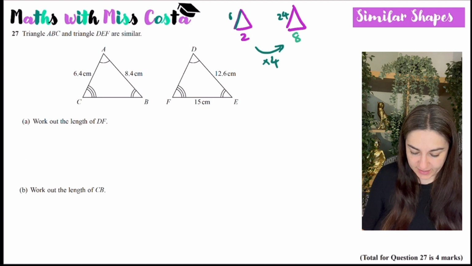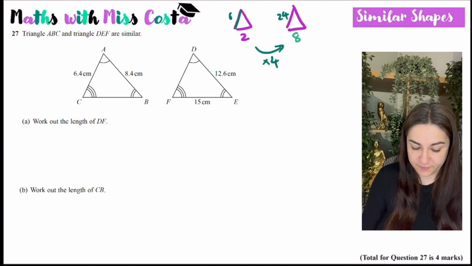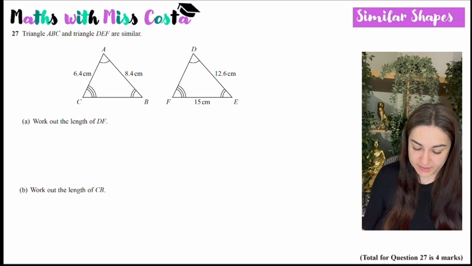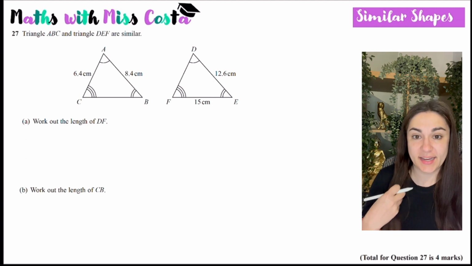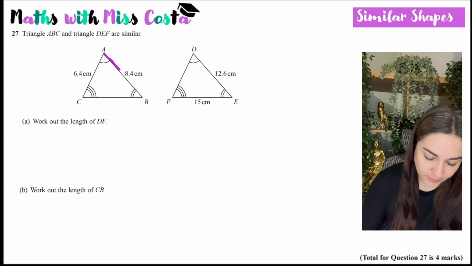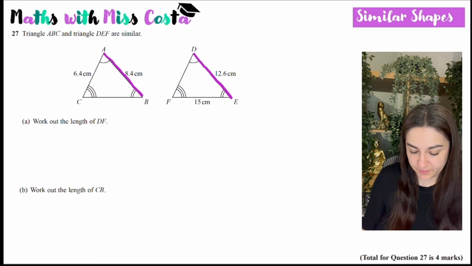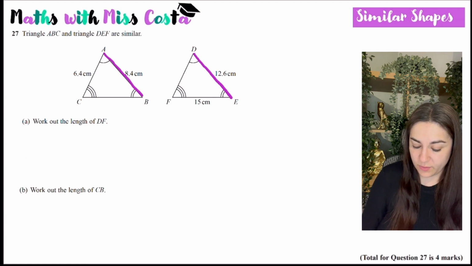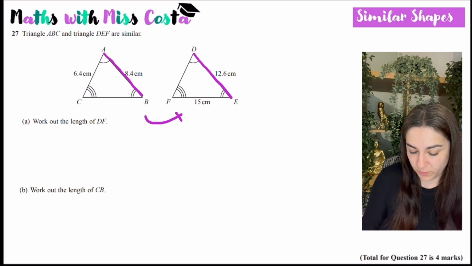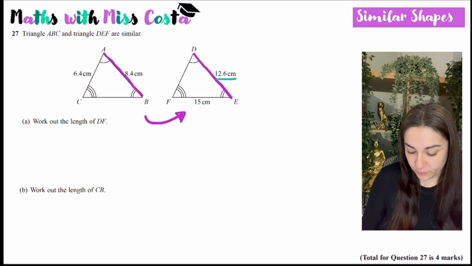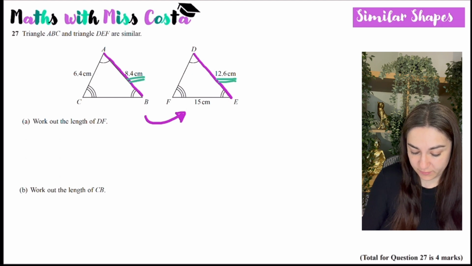So the first thing that we want to do is look for two sides that are corresponding, so in the same place in each triangle. So AB and DF are the same. So I know I need to figure out what I'm multiplying this triangle by to get to that triangle. And to work that out, I've got 12.6 here and 8.4 here.